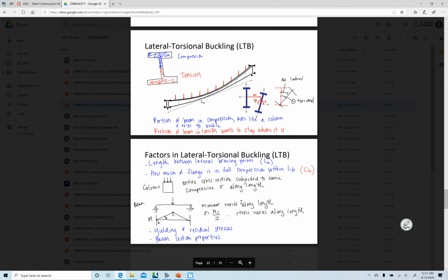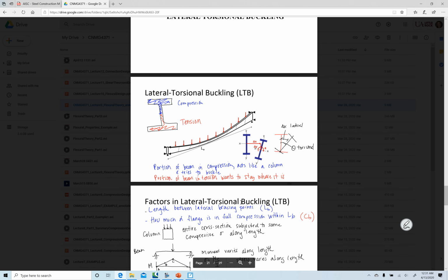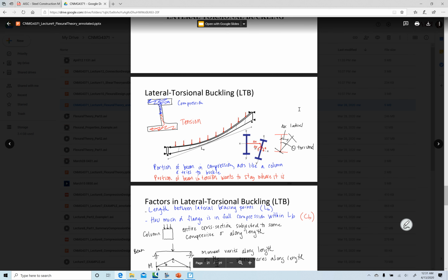Here we go. Lateral torsional buckling. Right, we're talking about right here.